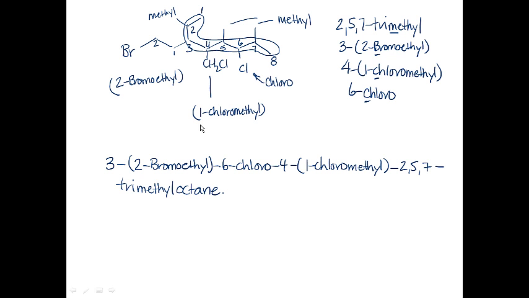So if I use the blue chain as my longest chain, then I would have 3, 2 bromoethyl, 6 chloro, 4, 1 chloromethyl, 2, 5, 7 trimethyl octane. And so that would be the name if I was to write the blue chain.